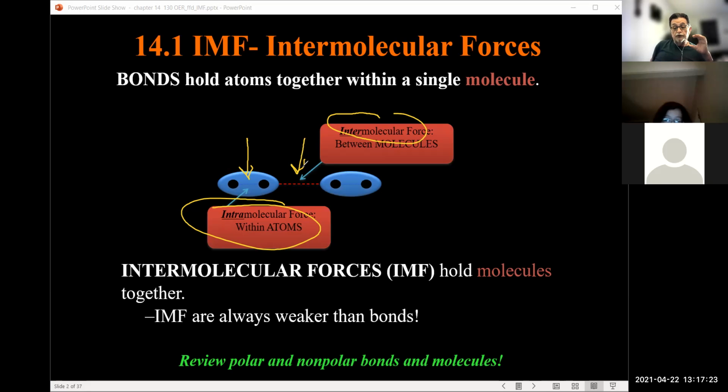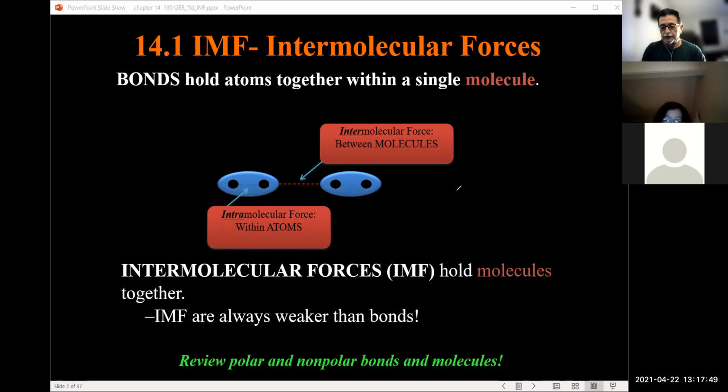Now, as far as strength, yes, there are different types of IMF interactions, and each has a relative strength compared to the others. But compared to an actual bond, they're much, much weaker. In fact, that's what we do when we boil something.